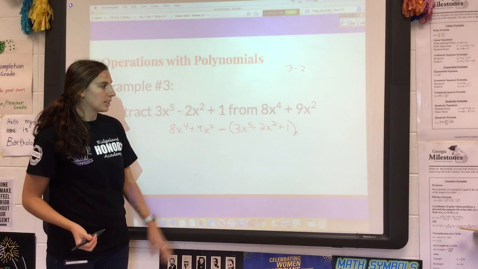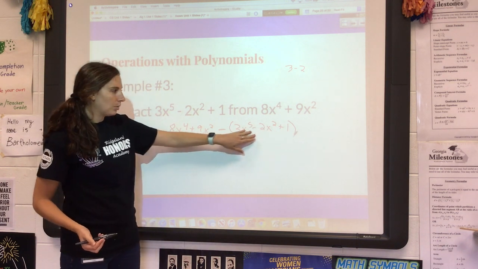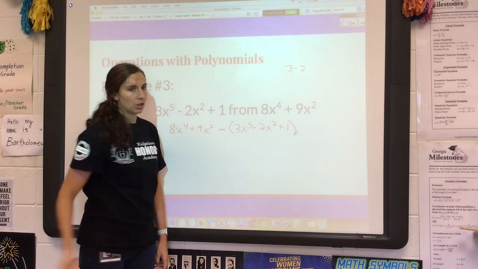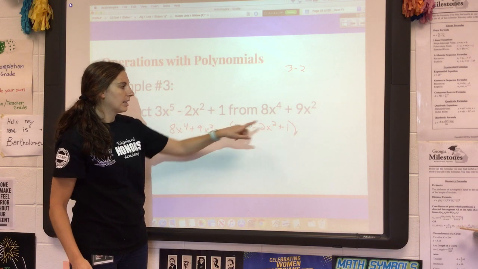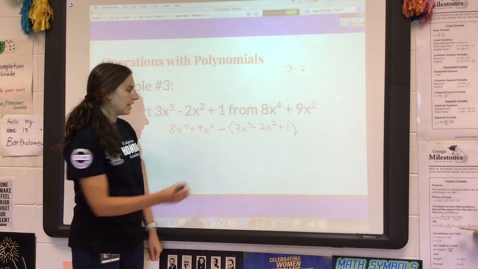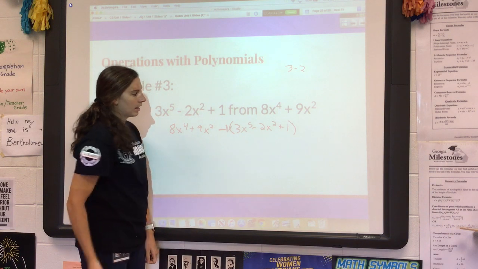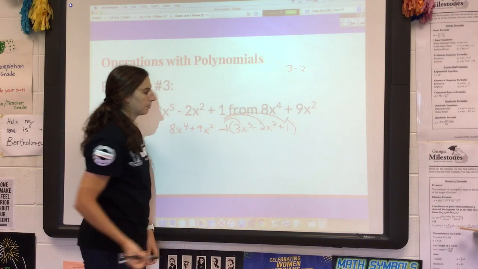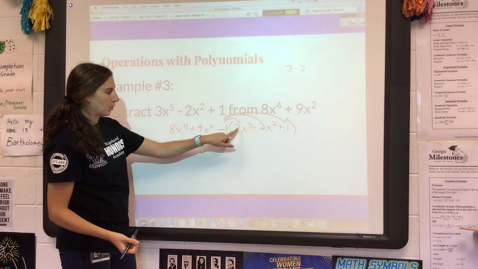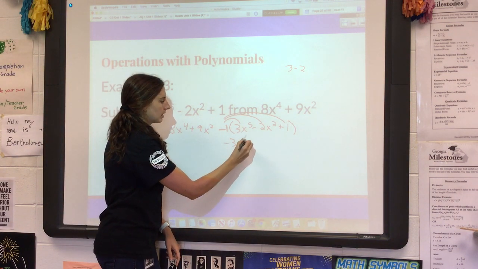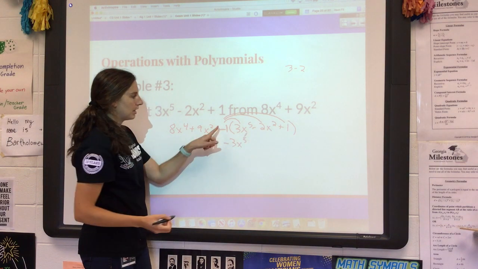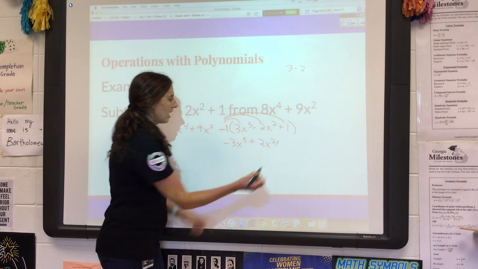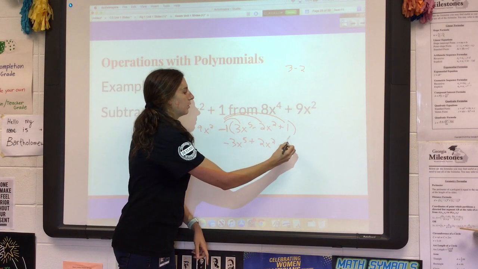The reason that's important is if I'm going to subtract this entire polynomial, I need to distribute this negative to every single one of those terms. I'm subtracting this, and I'm subtracting this. Basically, this is a negative 1, and you're distributing that negative 1 out to each of those terms. So let's do that. Negative 1 times this is negative 3x to the 5th. If I do negative 2, that's positive 2x squared, and negative 1 times 1 is negative 1.